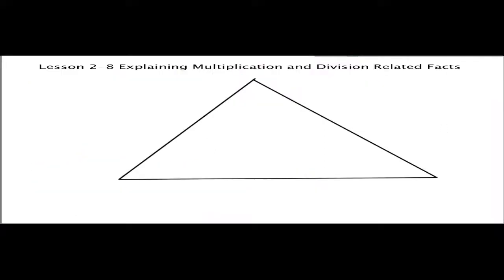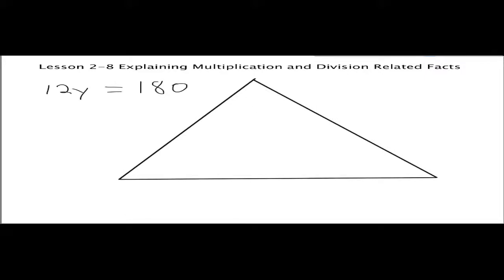All right, let's take a look here at explaining a multiplication fact with the triangle. So here's our problem. We've got 12y equals 180.